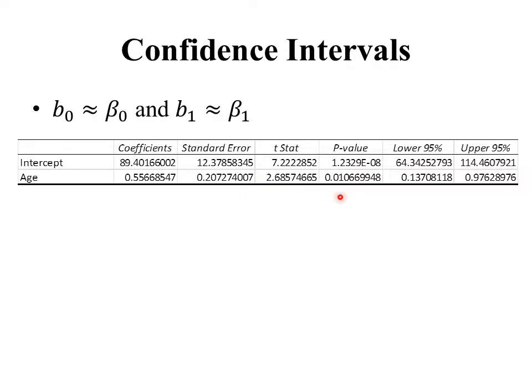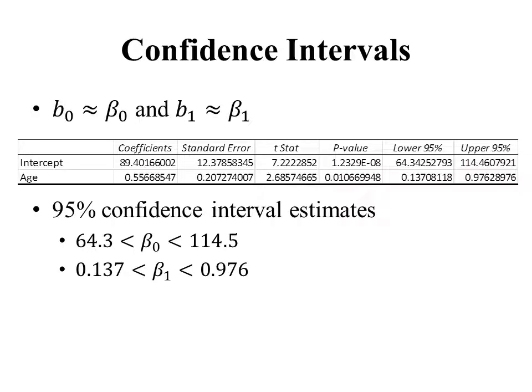There's a lot of information given here. We'll talk about these results in a minute, but what we want to look at right now are these last two results, lower 95% and upper 95%. Those give us 95% confidence interval estimates of beta naught and beta 1. And so from these results, we see that a 95% confidence interval estimate of beta naught is 64.3 up to 114.5.